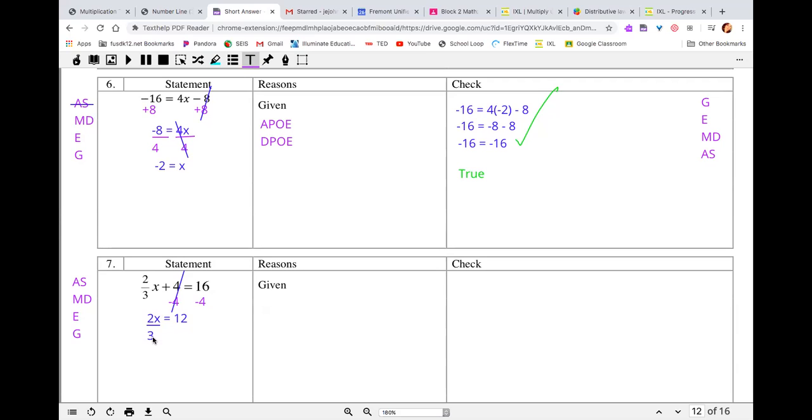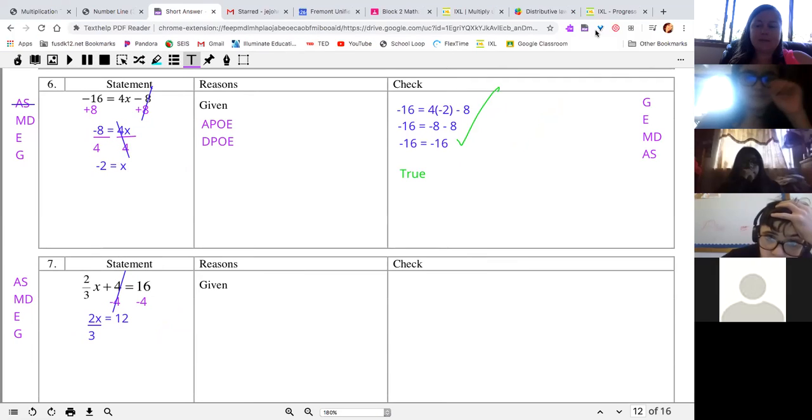When it says times 2, we're going to divide by 2, but I already have a 3 on the bottom. So it's easier, like how many people want to get rid of this fraction so we don't have to deal with it anymore? Thumbs up, hands up? Yeah, right? I don't want that fraction.